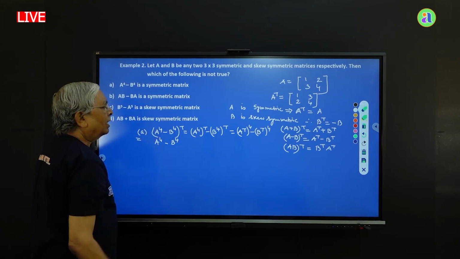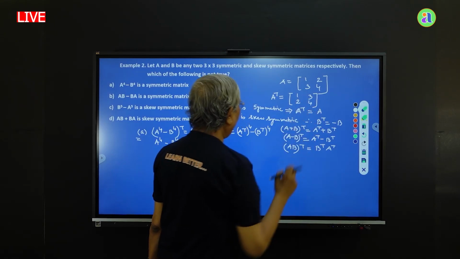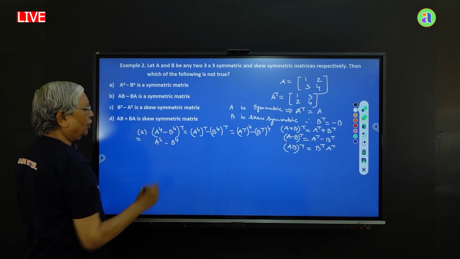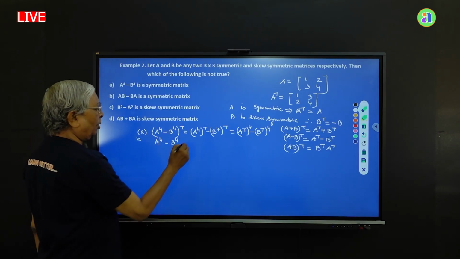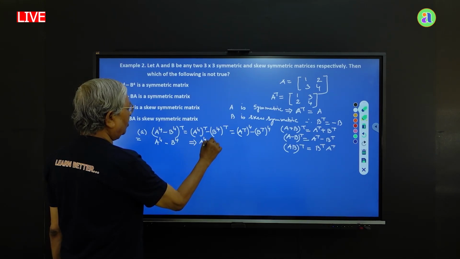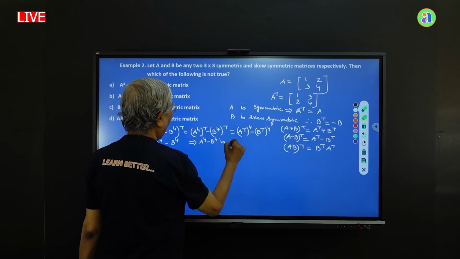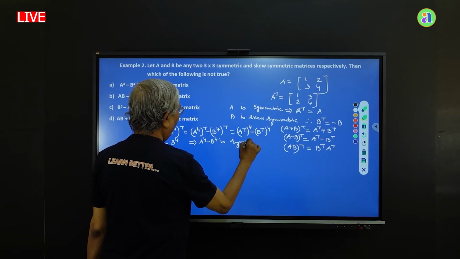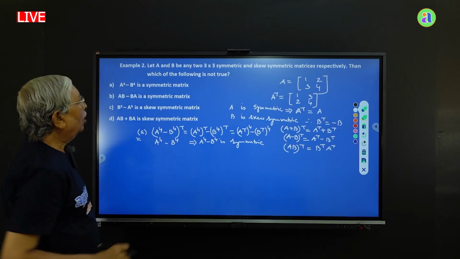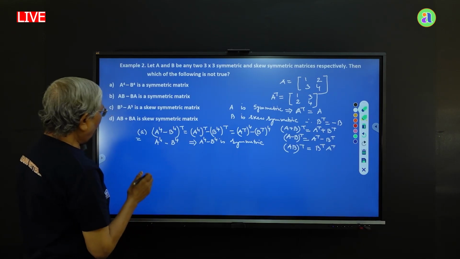It is known that if A transpose equals A, then it is symmetric. So (A to the power 4 minus B to the power 4) whole transpose equals A to the power 4 minus B to the power 4. This implies that A to the power 4 minus B to the power 4 is symmetric. So this is true, but you have to show which one is not true. So first we have verified that this is true.